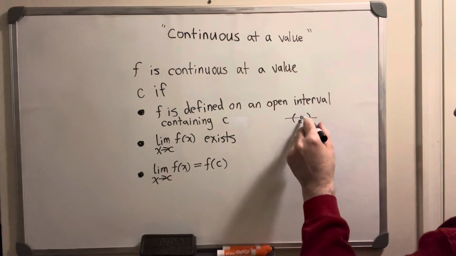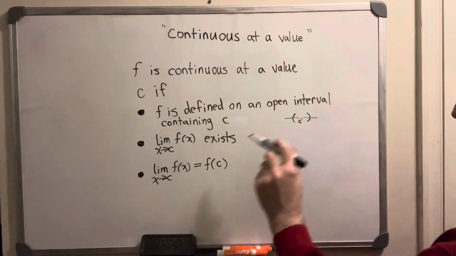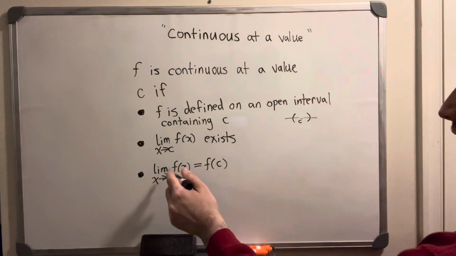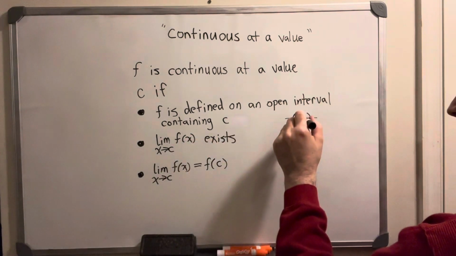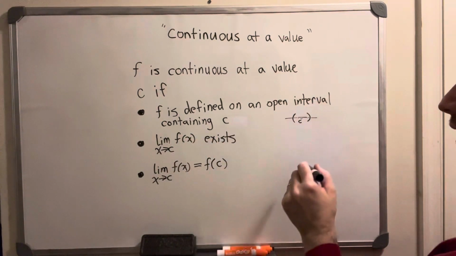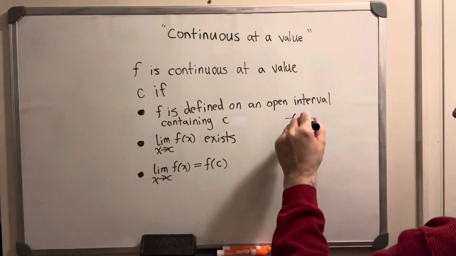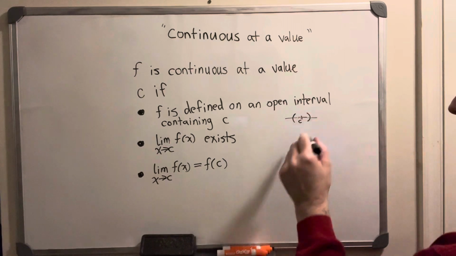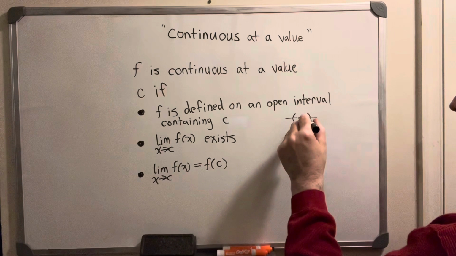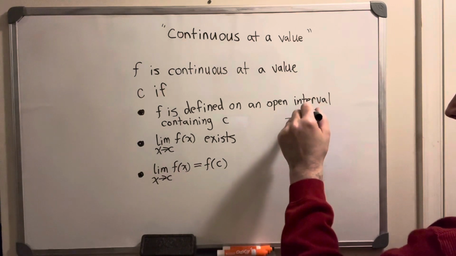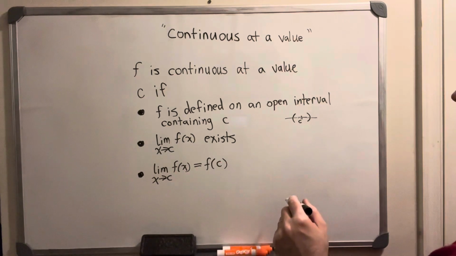So there could be a hole right there. But the second criteria is that there is a value. And the third criteria is that for f of x to be continuous at c, the value of the function at that point has to equal f of c.